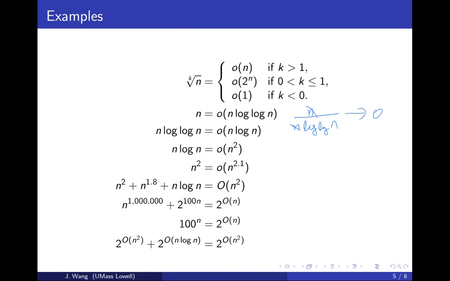Likewise, you can take log as many times as you want, it's still true.